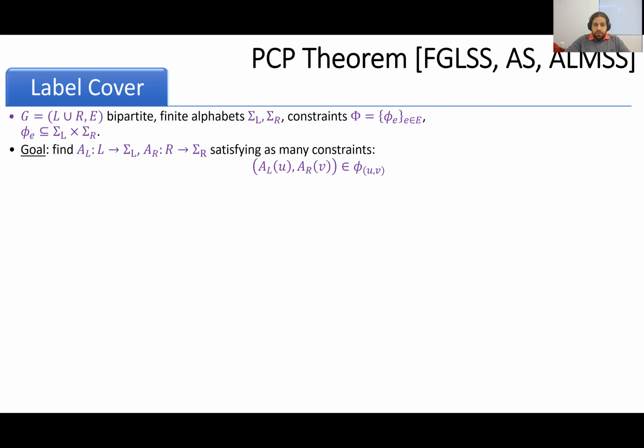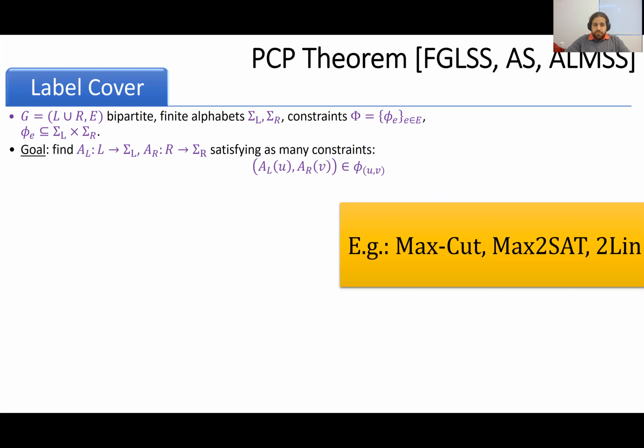The goal in label cover is to assign symbols from sigma L to vertices in L, and symbols from sigma R to vertices in R, so as to satisfy as many of the constraints as possible. There are many problems that can be written in the language of label cover, for example Max-Cut, Max-2-SAT, 2-Lin, and the list is long.